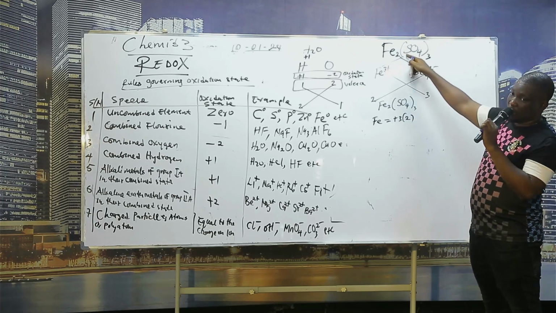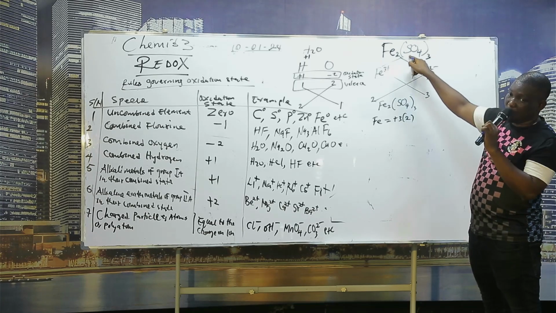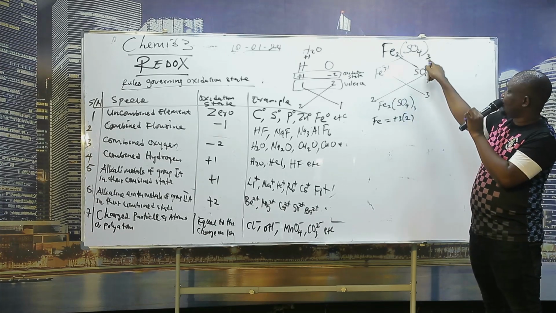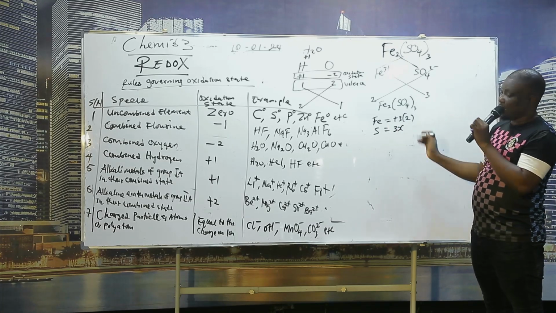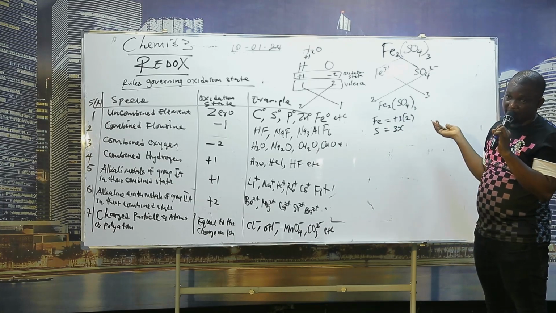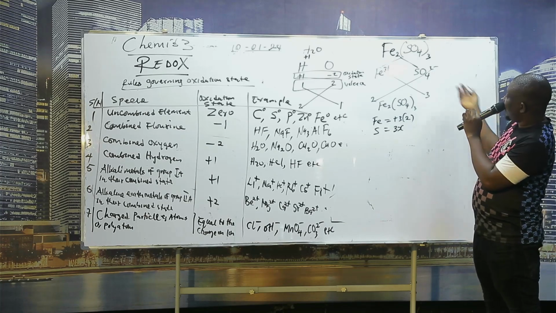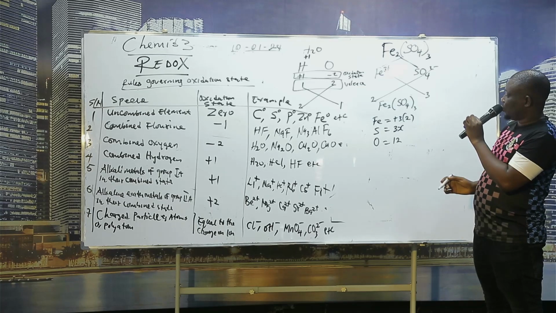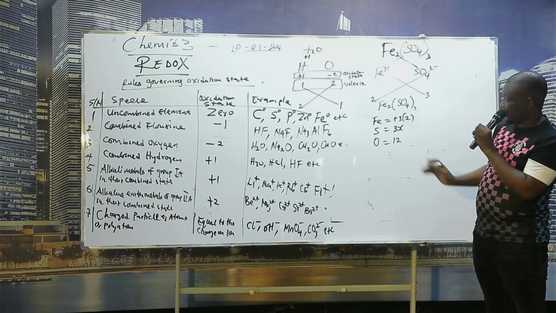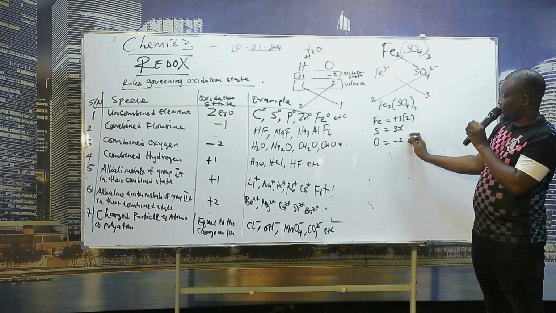Then the one you are looking for is sulfur. How many sulfur are in this compound? 3. So sulfur would be 3x. Oxygen, how many are there? 12. Multiply 12 by the oxidation state of oxygen, which is minus 2.